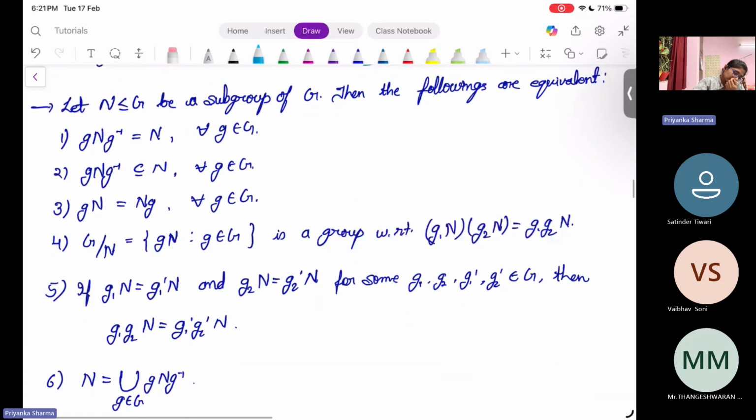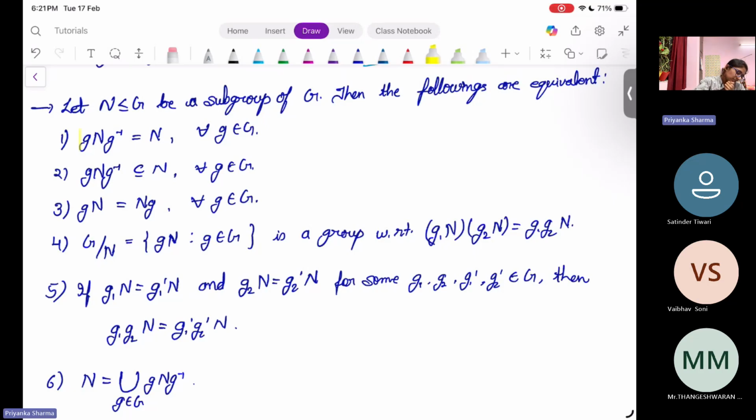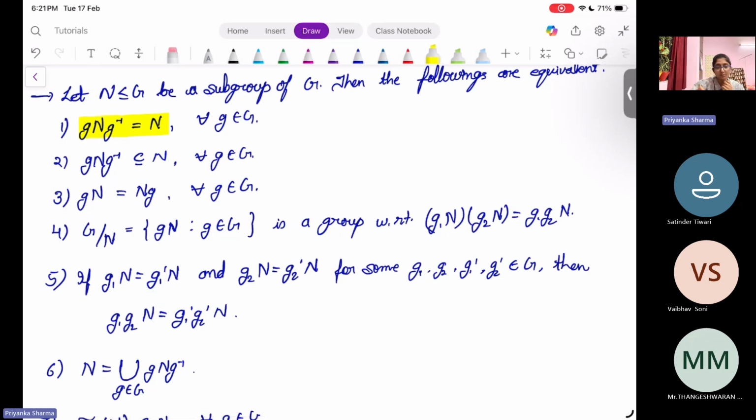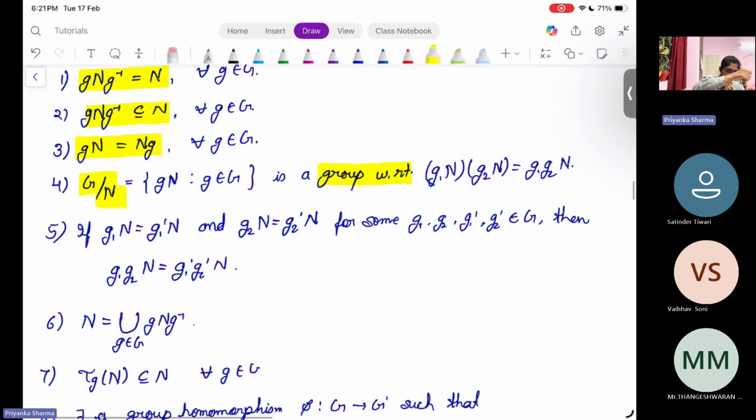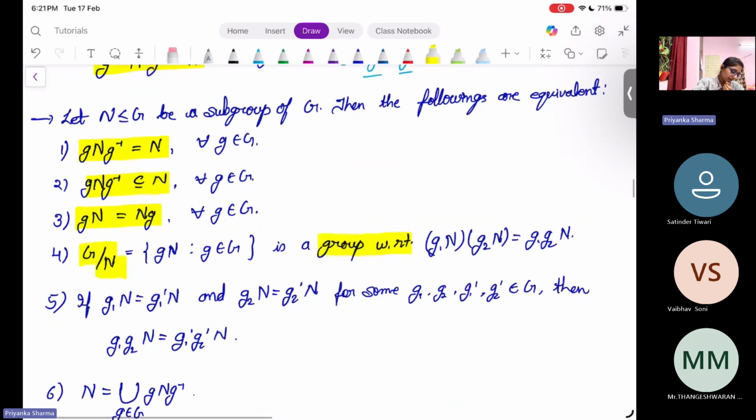There are some equivalent conditions for normal subgroups. Where N is claimed to be a normal subgroup of G: if gNg inverse is included in N, that is, if gNg inverse is just a subset of N; if gN and Ng are the same, that is, the left coset and right coset are the same; and if the cosets gN form a group under this operation, all these conditions give us that N is a normal subgroup.